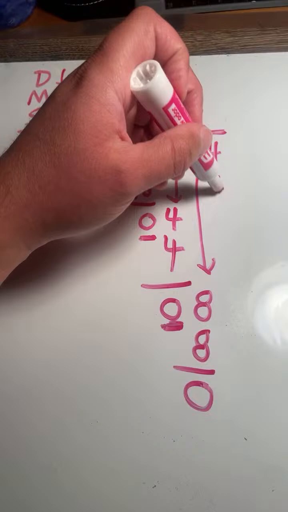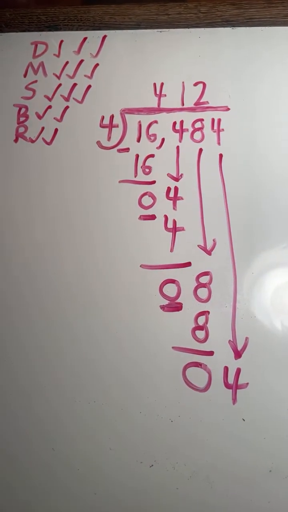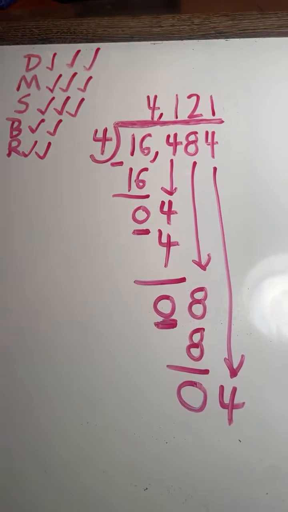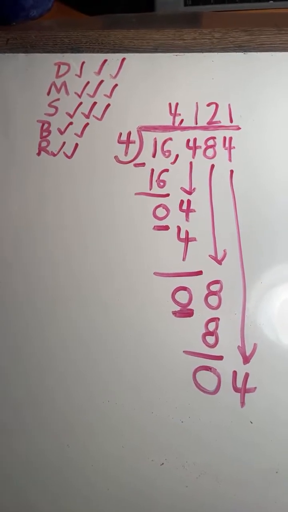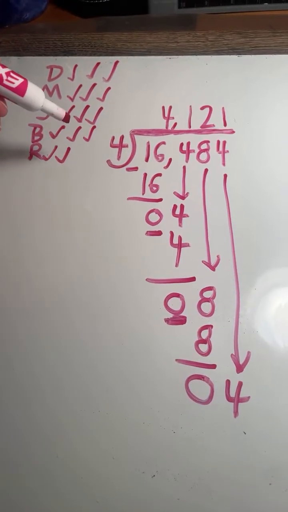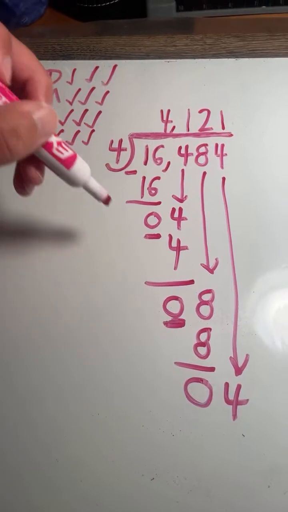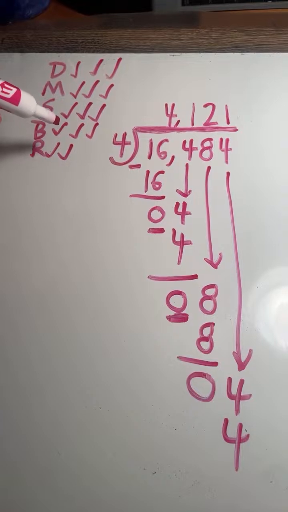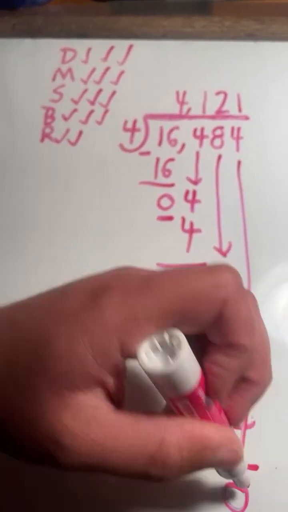So we bring down the last number. 4 divided by 4 again equals 1. 1 times 4 equals 4. 4 minus 4 equals 0.